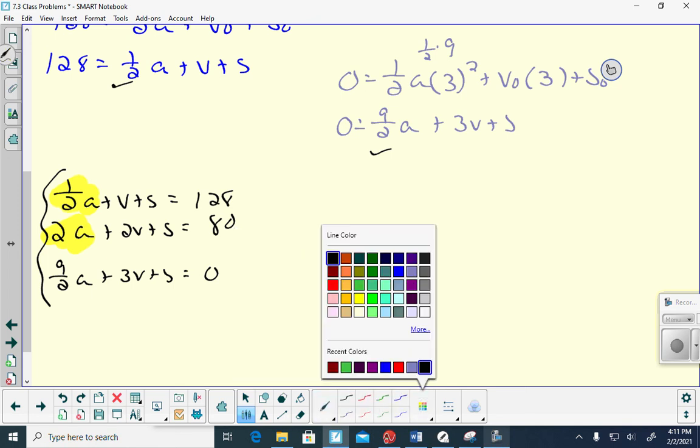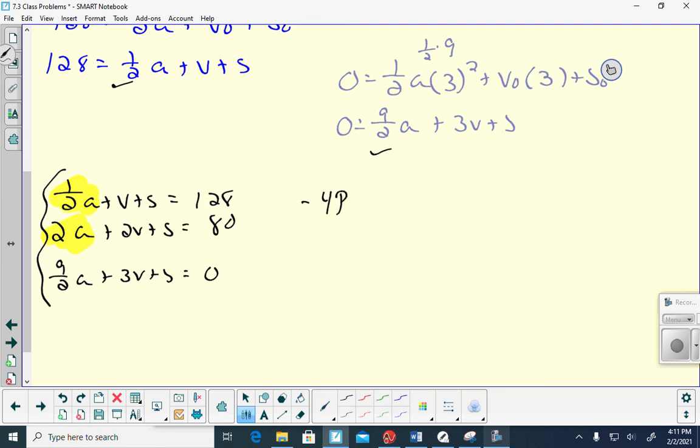So going really slow, -4 times row 1 will be -2a minus 4v minus 4s. And then 128 times -4 will be -512. Row 2 is going to be 2a plus 2v plus s is equal to 80.